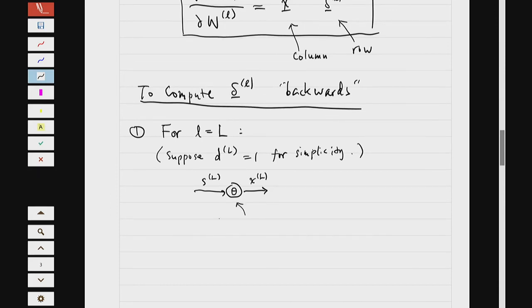Also, for simplicity, we're going to assume that this theta is the same as all of the other thetas, so we don't write a different theta for this, which would just make things more confusing and doesn't really help. Again, only for simplicity of illustration.